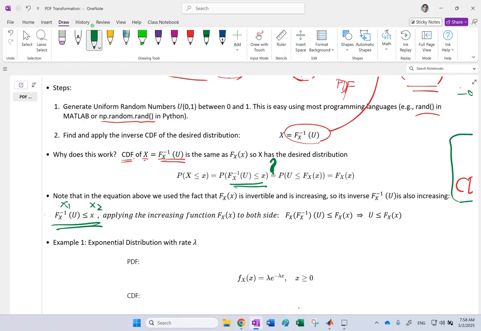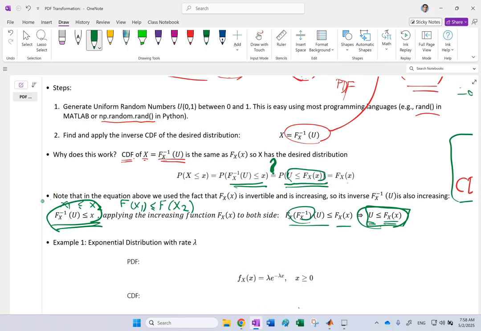Now, because x1 is less than or equal to x2, then capital F of x1, where F here is the cumulative function, is also less than or equal to capital F of x2. So we apply capital F to them, so you get this. And you know F and F inverse are basically canceling each other, so the result of that simply is going to be u less than or equal F of x. And look at this, that's exactly this one. You see, so we started from the left side and we ended up with the right side.